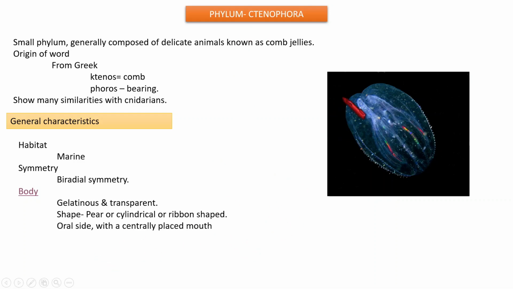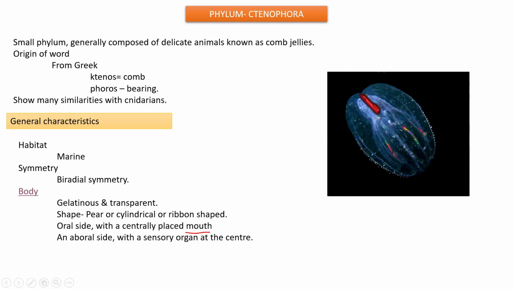And it has two sides, an oral side and an aboral side. On the oral side, in its center, it possesses a mouth. It's not that visible in this picture anyhow. Almost in this position, it possesses a mouth.